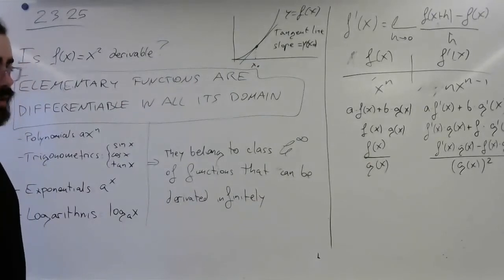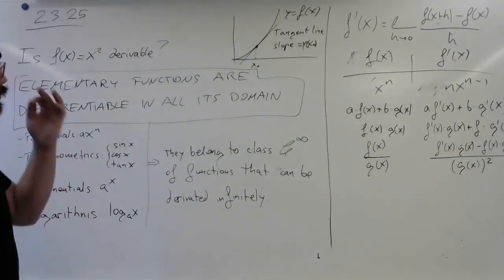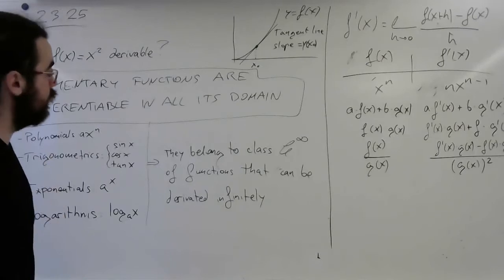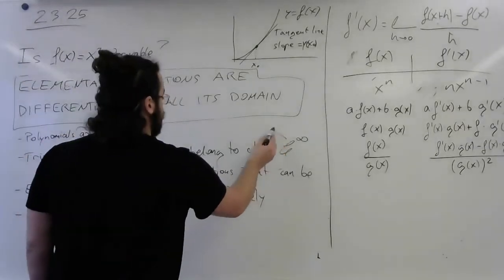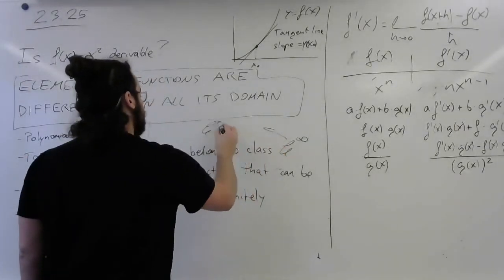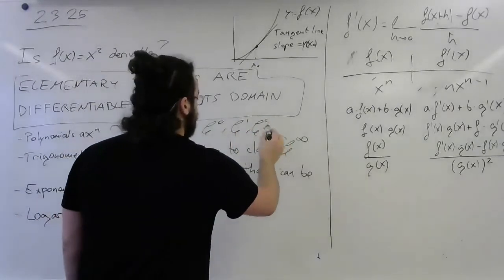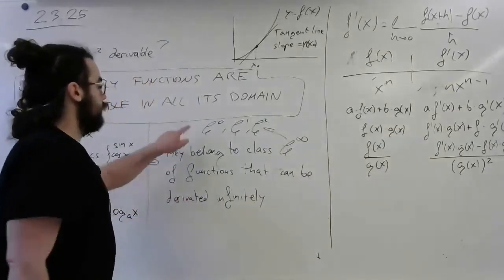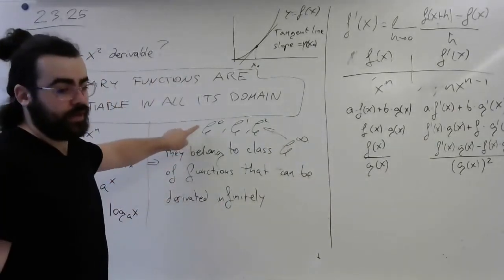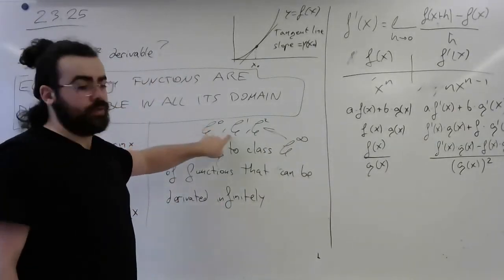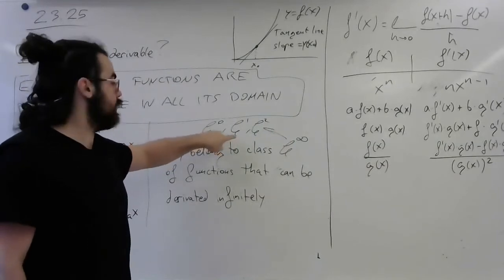This is very important. This is a concept that you will find pretty often. The most important ones are C0, C1, C2, and C infinity. Class C0 is of the continuous functions. Class C1 is of differentiable functions.